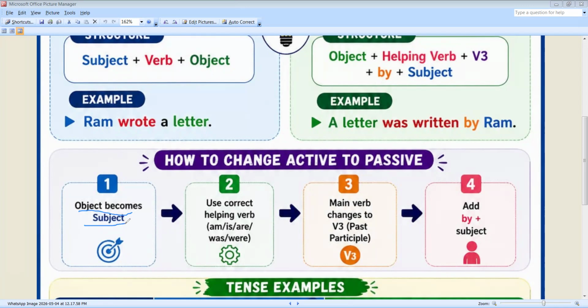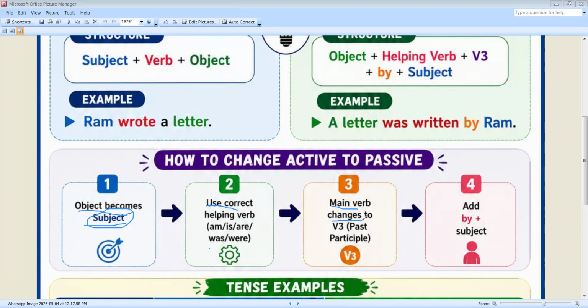In active voice, the object is a letter, and in passive voice it acts as the subject. Then we have to use the helping verb like am, is, or was, were, depending on whether the sentence is past, future or present. And the main verb must be in the past.